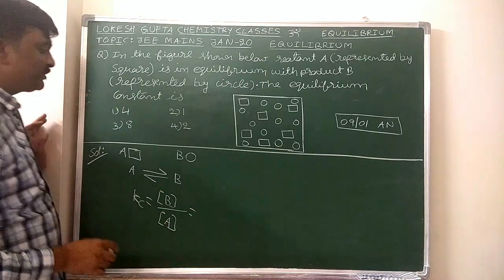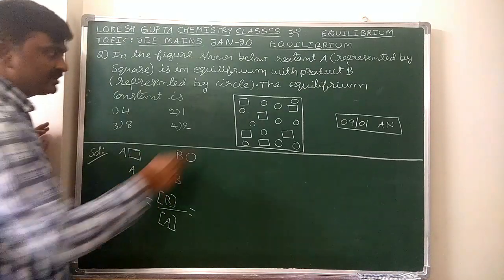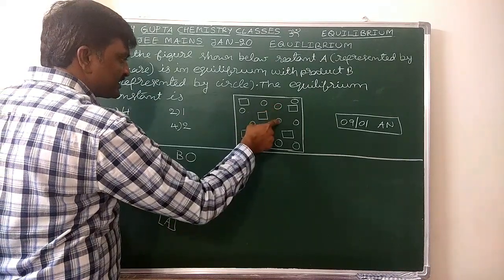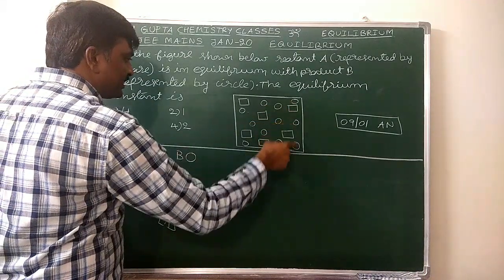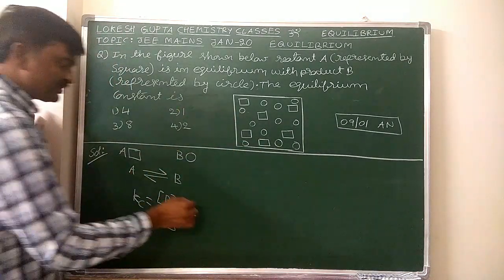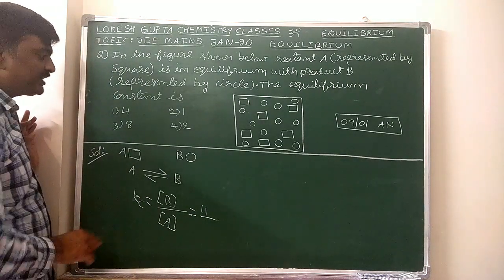Now at equilibrium, how many molecules of B are there? B represented with a circle. 1, 2, 3, 4, 5, 6, 7, 8, 9, 10, 11. So 11 molecules per this volume. So 11 by molar concentration of A at equilibrium.